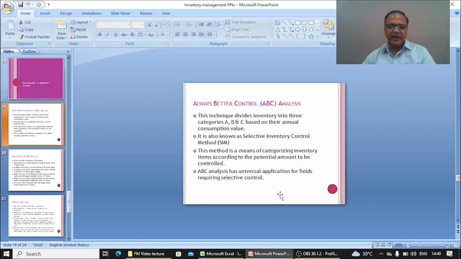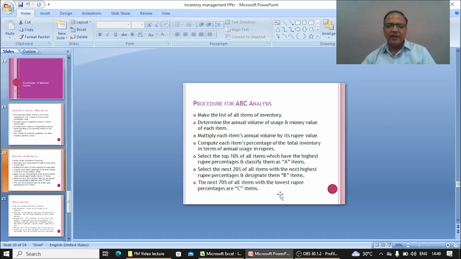And for C category, if we don't have any skilled labor, then unskilled labor may be utilized for handling C category material.